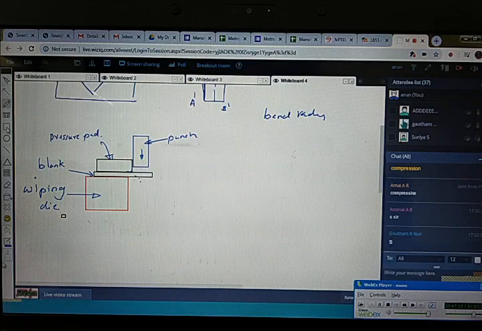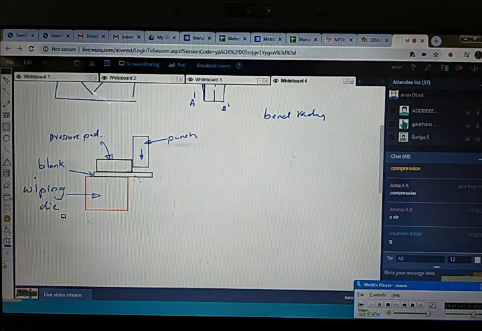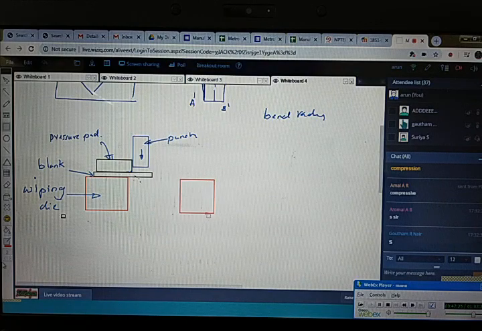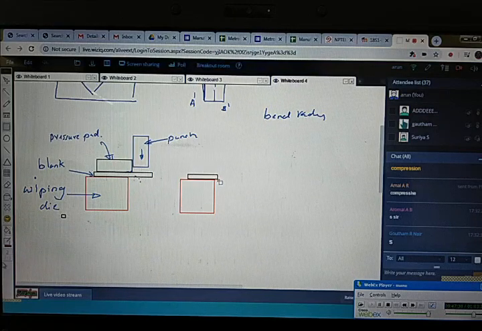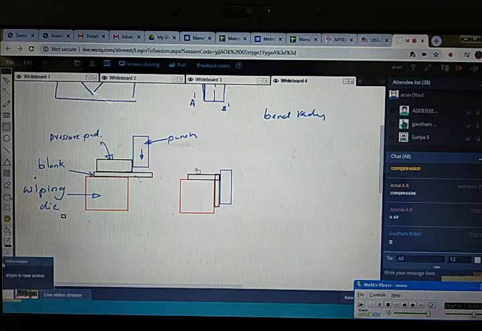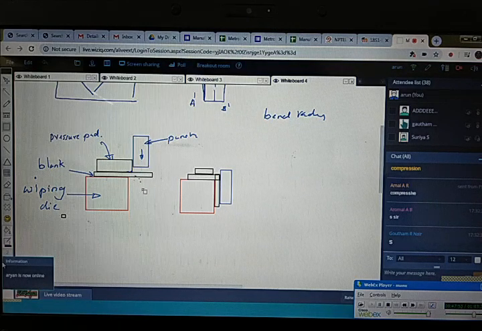So let's see what happened after bending. It will get bent like this, and the punch will be here near the surface of the workpiece like this, and the pressure pad is still on top of the workpiece, holding it firmly on the surface of the wiping die.